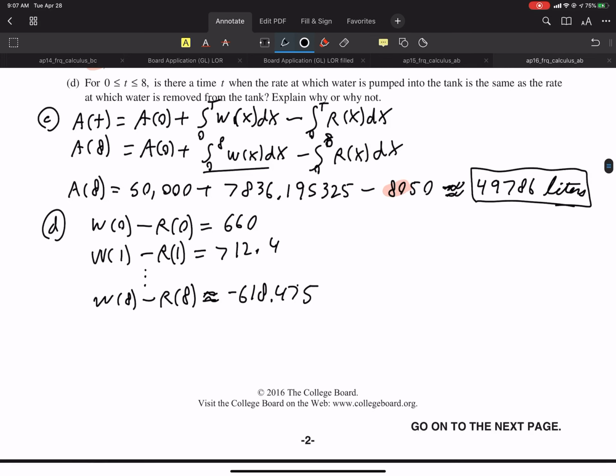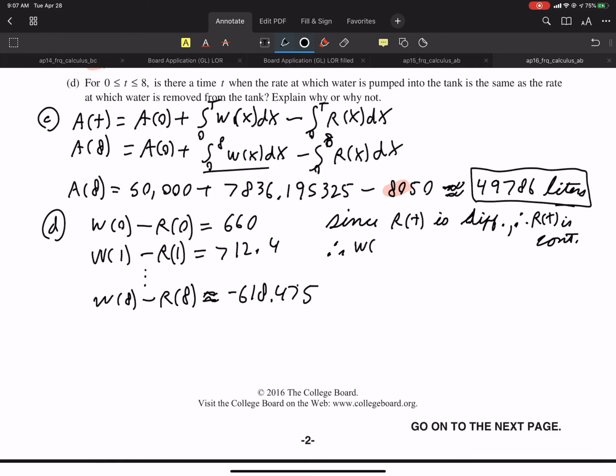This is the hard problem. This is a crazy one. So what I want to say, since R of t is differentiable, therefore R of t is continuous.